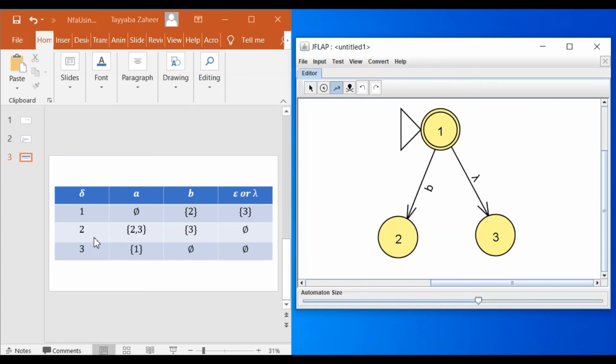Now for state 2, there would be two transition arrows, one for input letter A and the other for input letter B. For input letter A, there should be two transitions, one from state 2 to state 2 itself, that is the self loop, and the other one is from state 2 to state 3.